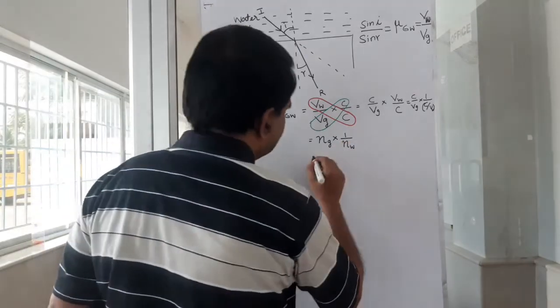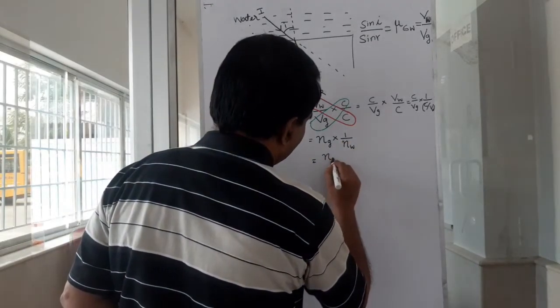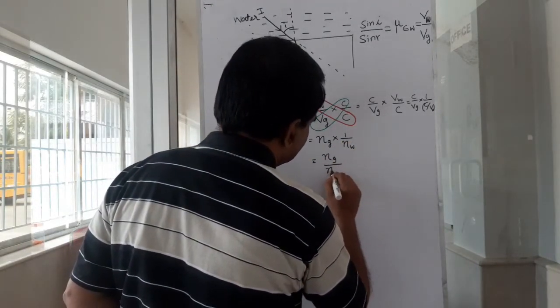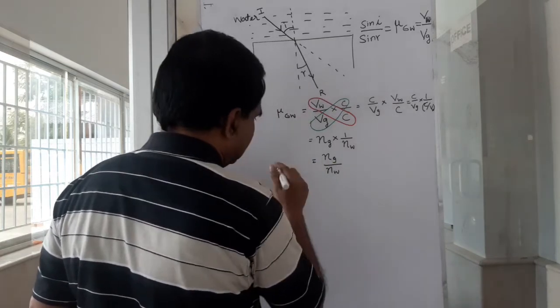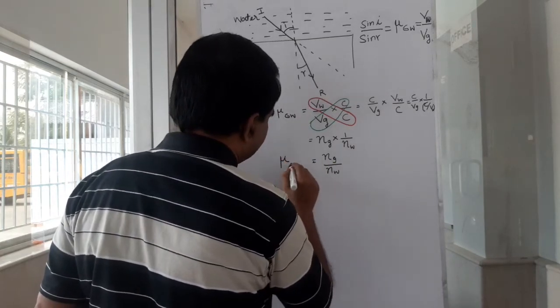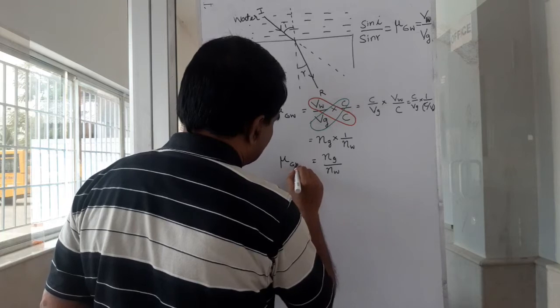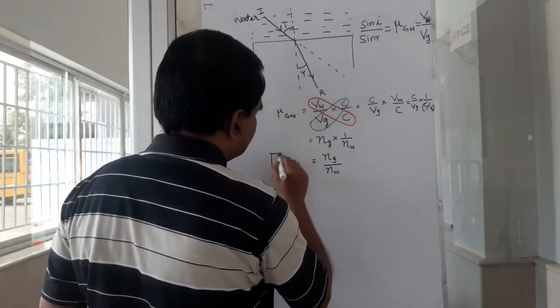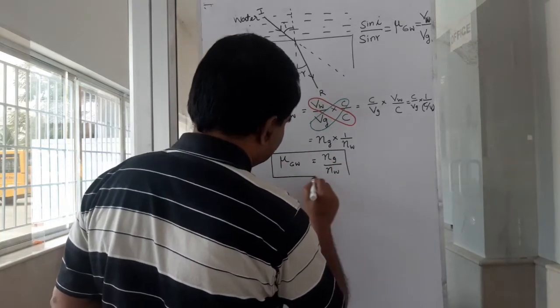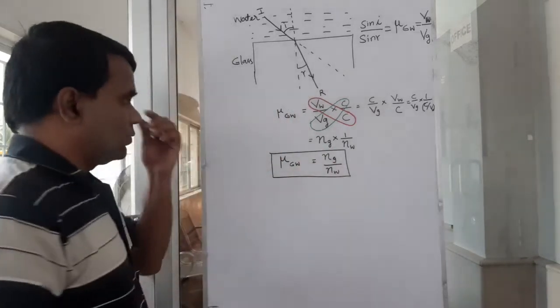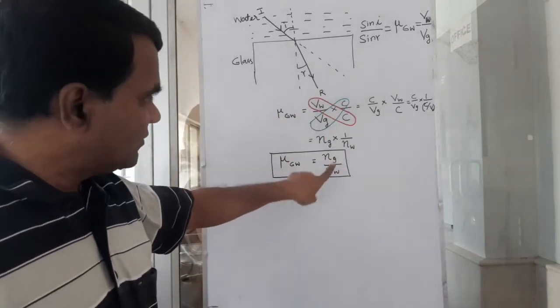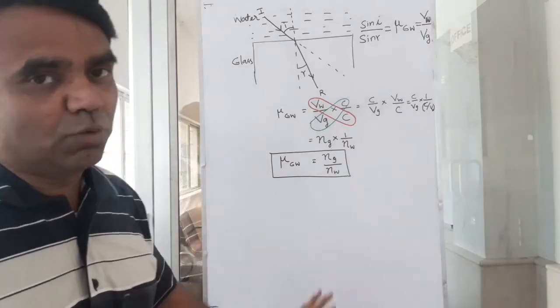So this will give me Ng by Nw. So you see, the refractive index of glass with respect to water is actually equal to the refractive index of glass divided by the refractive index of water.